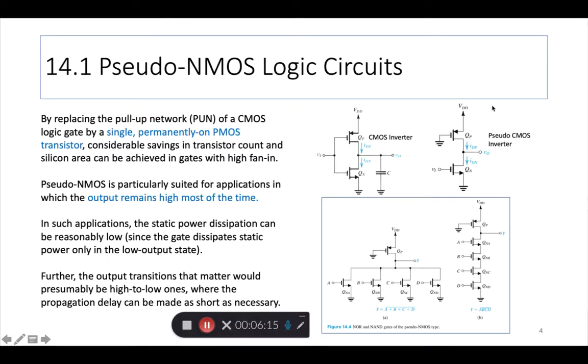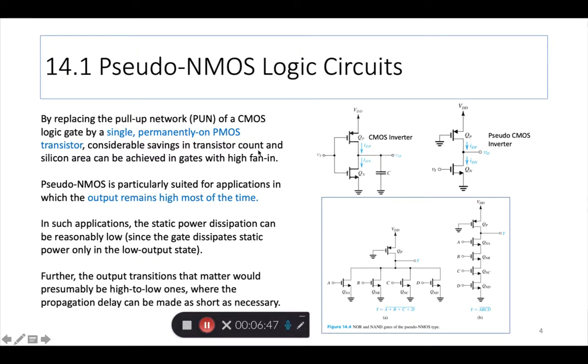So the bottom line is a lot of chip and silicon area can be eliminated by using the pseudo NMOS inverter, because the entire pull-up network is gone and all you have is one PMOS transistor. By replacing the pull-up network of a CMOS logic gate by a single permanently on transistor, the way this is connected, it will always be in saturation and always be on.